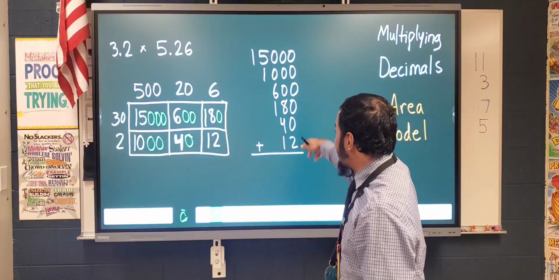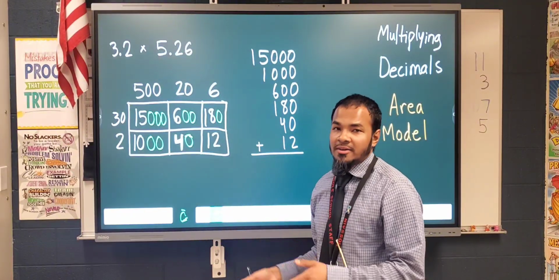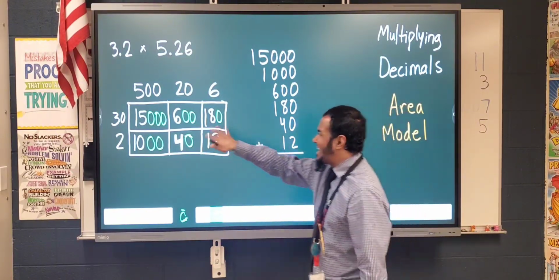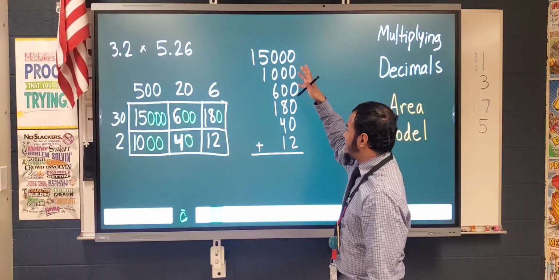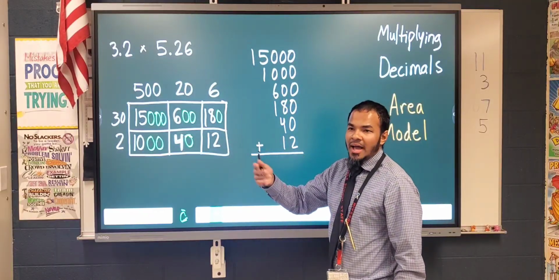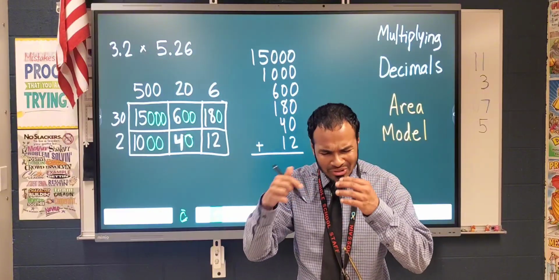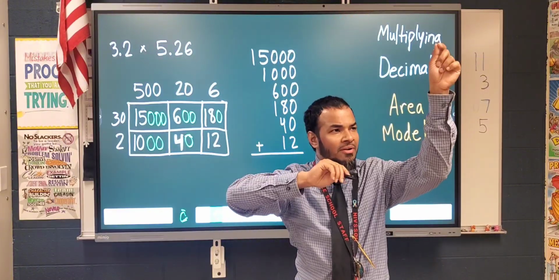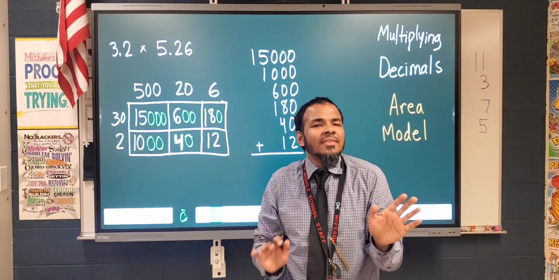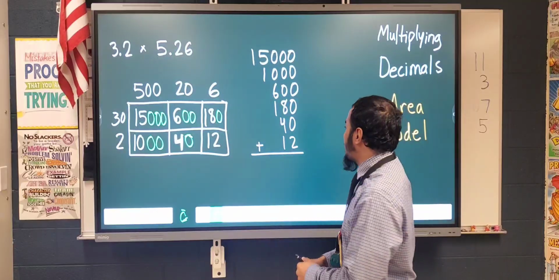All of these numbers are partial products. When you do the area model, yes, it's a lot, but it guarantees you get every single part. And you don't have to worry about a placeholder zero, regrouping, or putting a number on top. If you don't understand that stuff, the area model is the way to go.